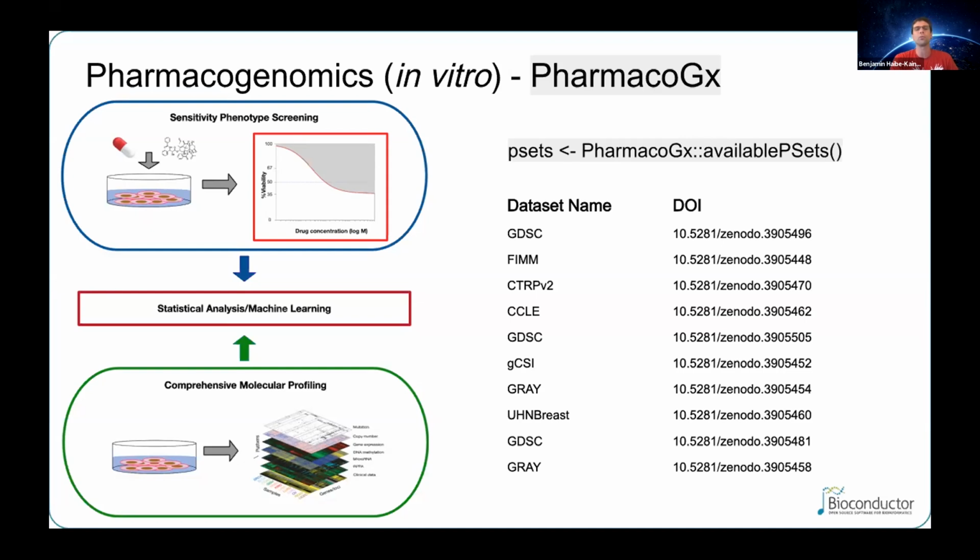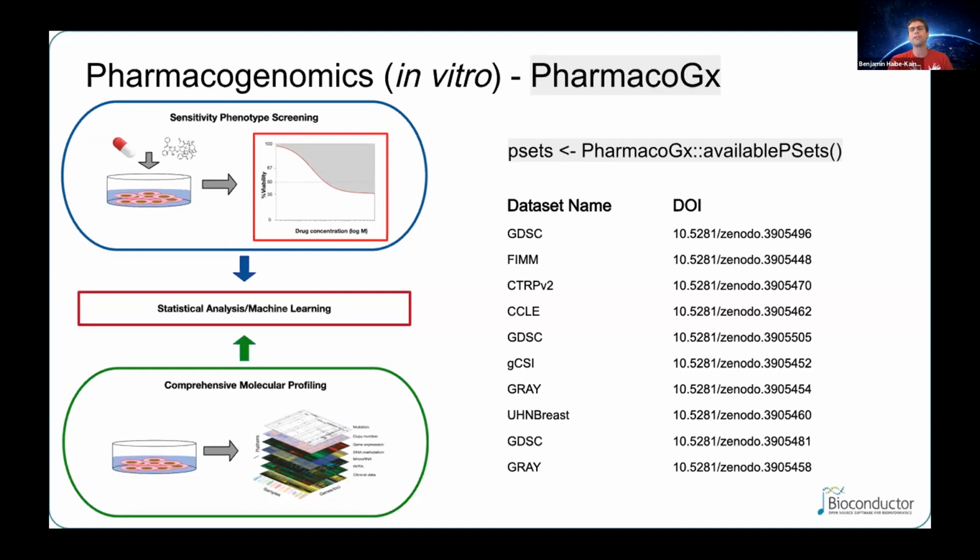That's a nice drug, where you can kill more of the cancer cells if you increase the dose. That's what we expect. And if you correlate this molecular profiling with this kind of phenotype, then you can start doing some statistical analysis, machine learning for biomarker discovery. Can you predict from the molecular features whether a new cancer will respond to a given therapy?